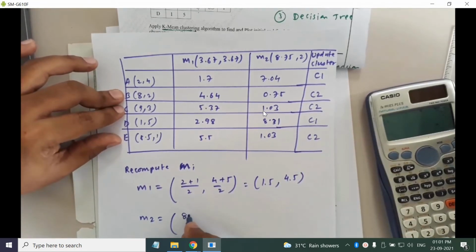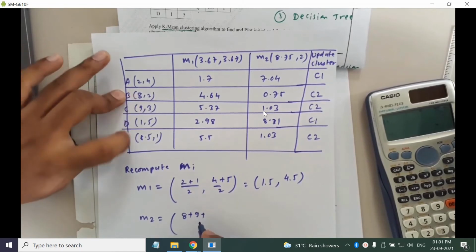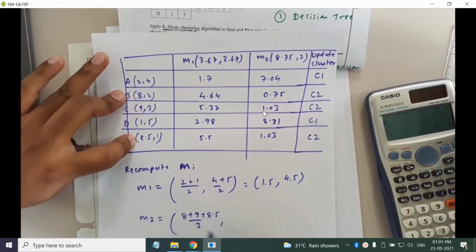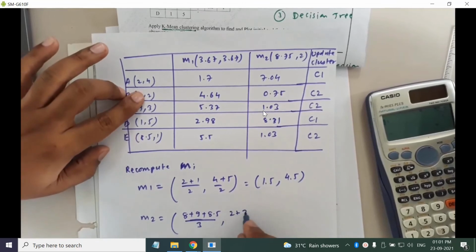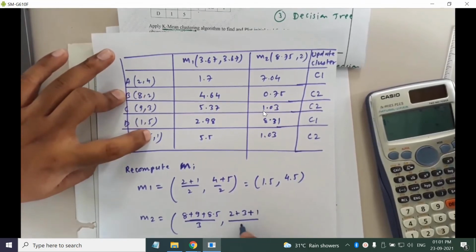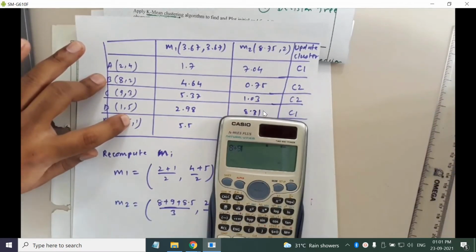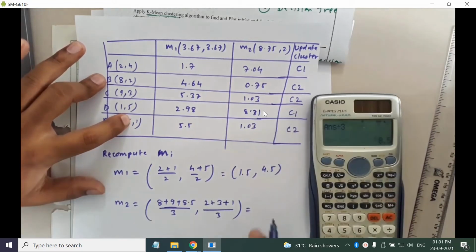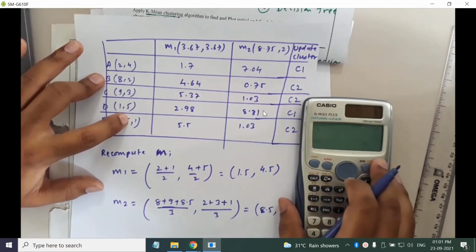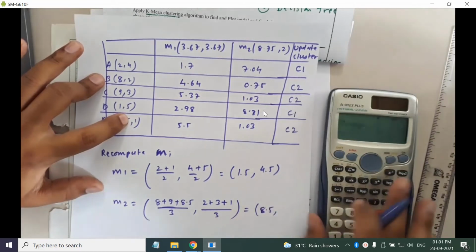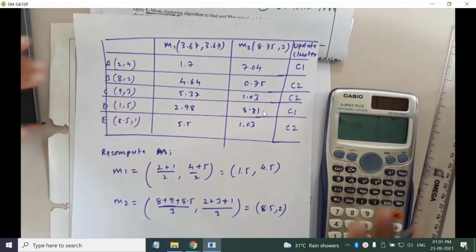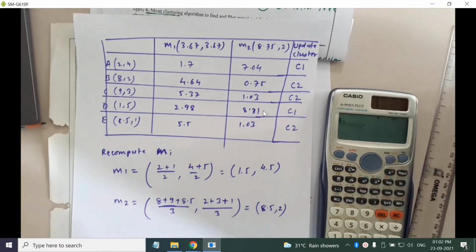So take the average of their x coordinates: 8 plus 9 plus 8.5 divided by 3, that is 8.5, comma, and for y: 2 plus 3 plus 1, which is 6 divided by 3, that is 2. Okay, and you can plot this now, but first complete the calculations.